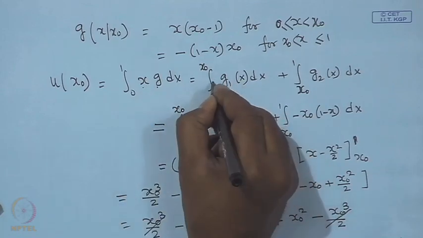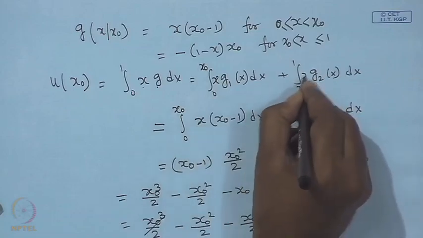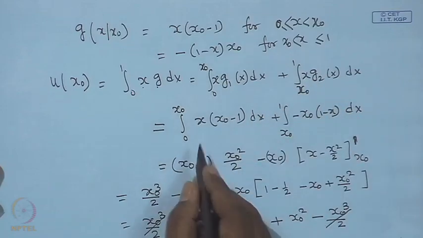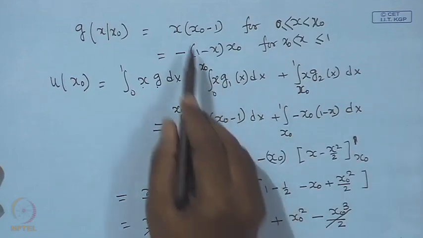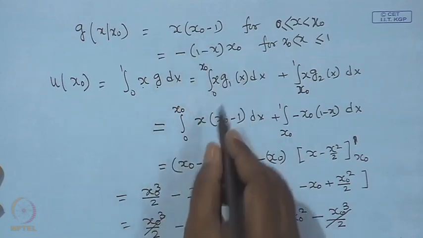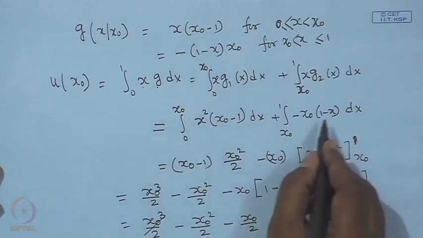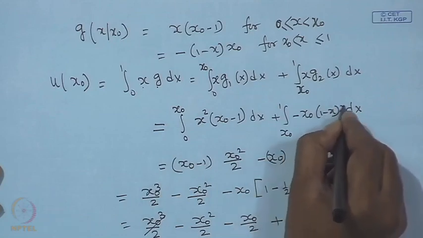So, it should be multiplied by x here, it should be multiplied by x there. So, we put g 1 is equal to x into x naught minus 1, x should be multiplied. So, there will be x square here.